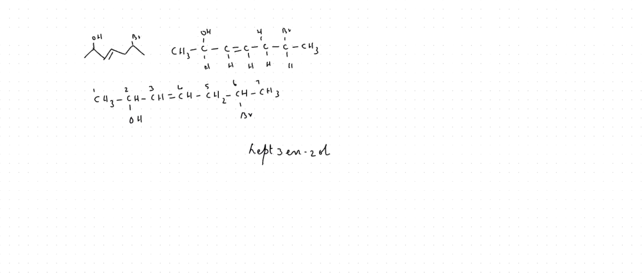In the sixth position, bromine is attached. So 6-bromohept-3-en-2-ol. So this is the nomenclature. Like this, a number of nomenclatures, and one more question is also asked on the nomenclature.